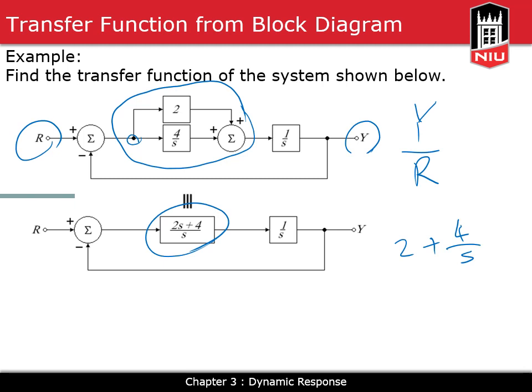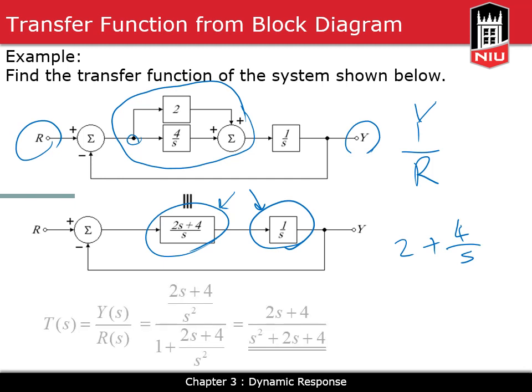There is obviously a feedback loop, but there is something that we can do before we get to the feedback loop. That is the two blocks here and here that are in series. The output of the first one goes to the second one without any interruptions, so that is blocks in series. We just can multiply the two transfer functions, and that would be the equivalent transfer function.